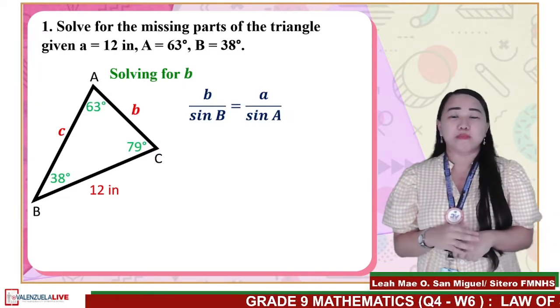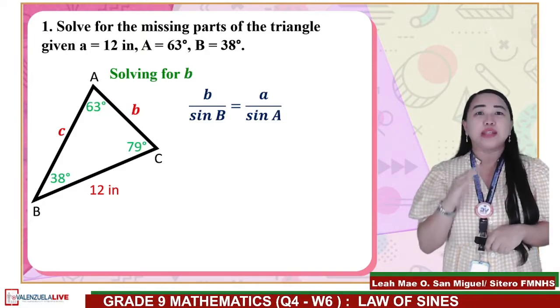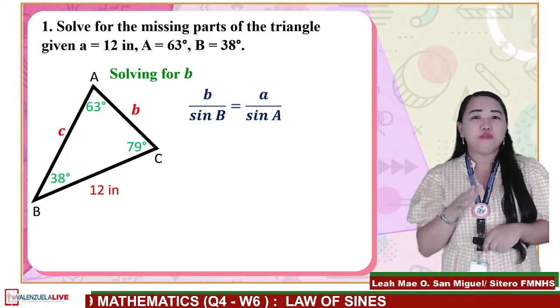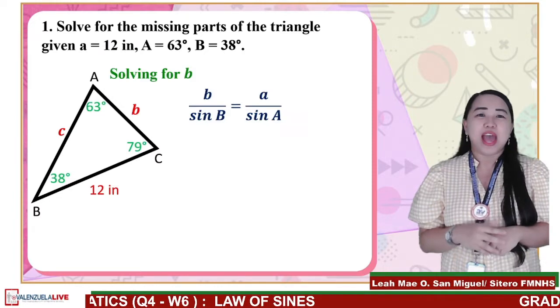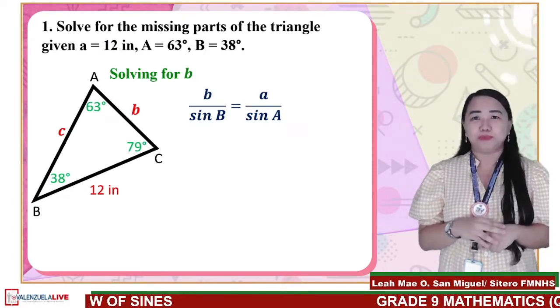That order is the manner of writing the two ratios, whether side over the sine of angle or sine of angle over the side. I will use the ratio side to the sine of opposite angle.